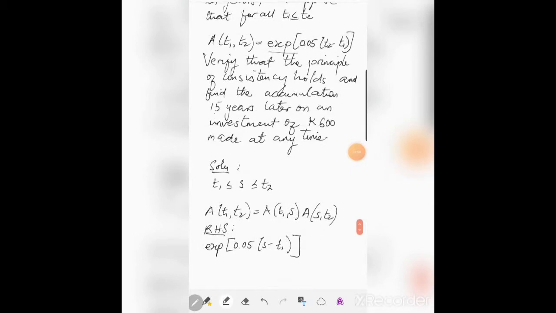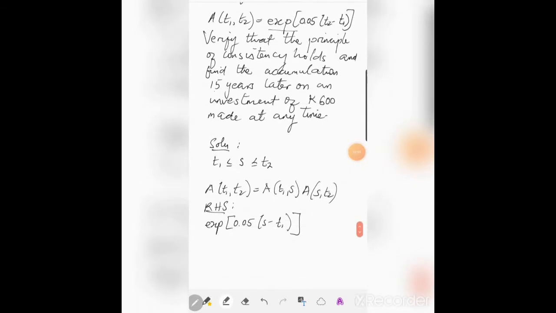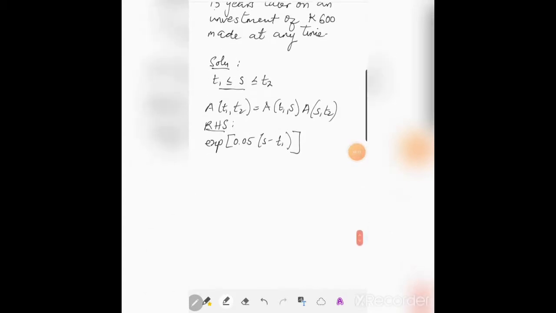Because under the principle of consistency, s is greater than t1. Then you multiply this by another exponent, 0.05 times (t2 minus s).